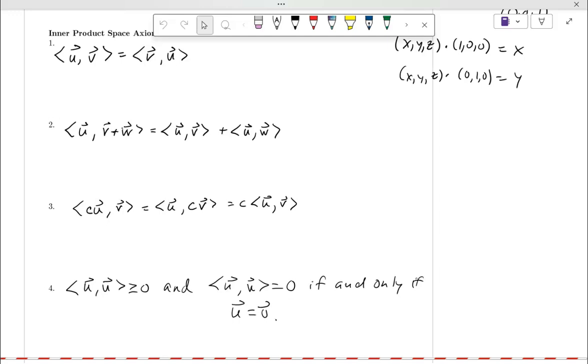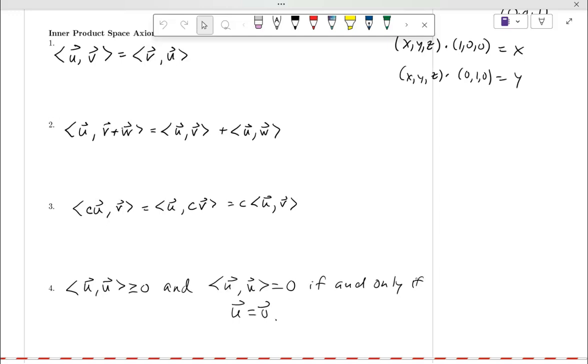Our axioms are these four: whatever you define as your inner product has to commute, needs to distribute over vector sums, you should be able to move your scalar to either piece of the inner product or pull it completely out, and if you do an inner product with itself, you need to get something that's not negative. And the only way to get an inner product that's zero is if the vector was zero to start with. So those are the four properties of being an inner product.